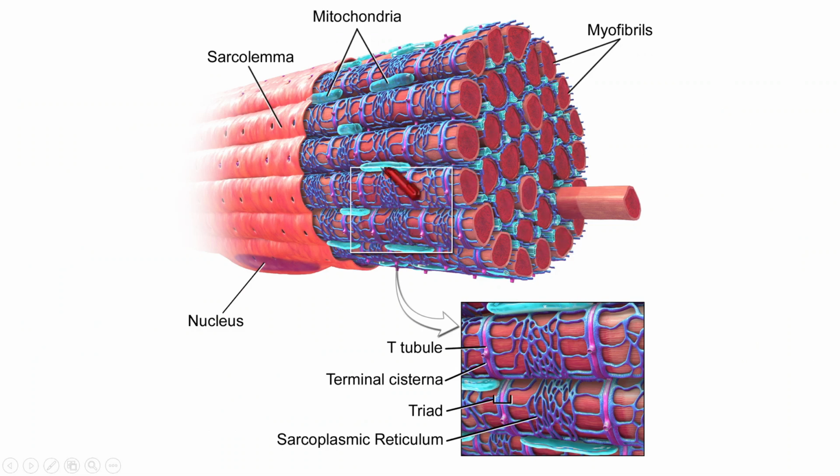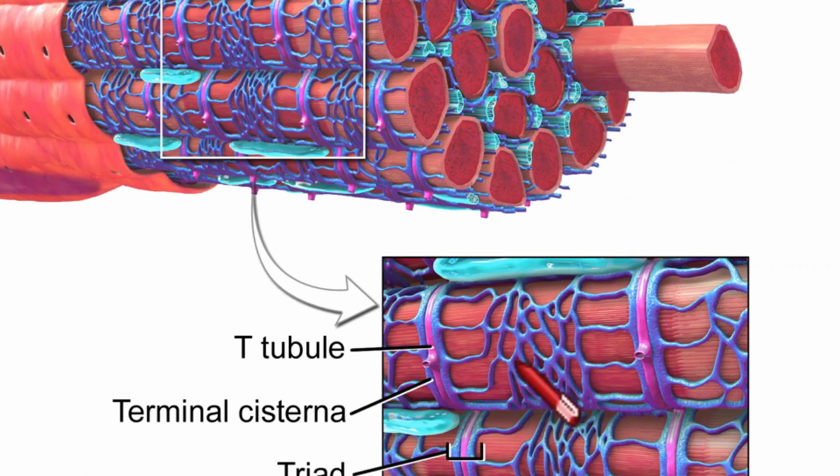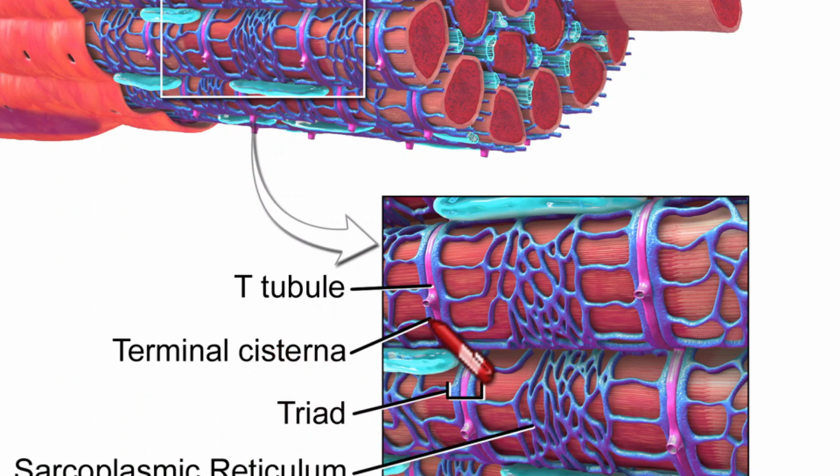So here, this portion is shown closer. Looking at this image, this blue branched structure is the sarcoplasmic reticulum, and this pink one is the T tubule or transverse tubule. The portion of the sarcoplasmic reticulum near that is called the terminal cisternae. This blue part of the sarcoplasmic reticulum that lies so close to the transverse tubule is called the terminal cisternae.